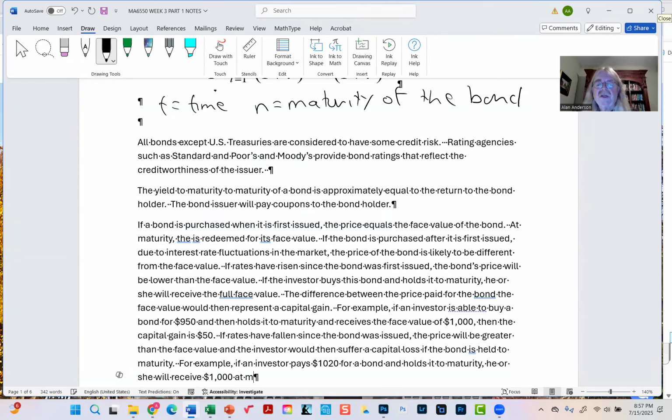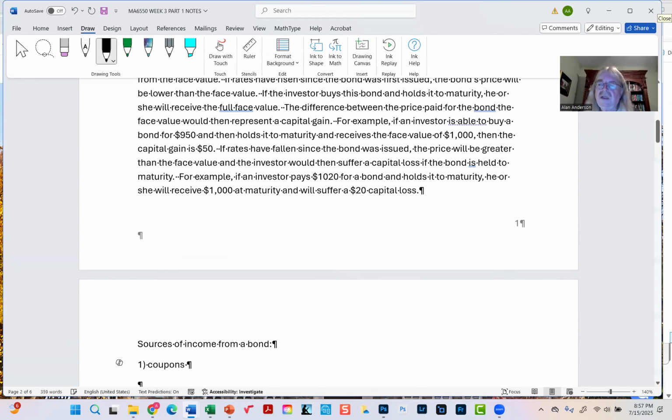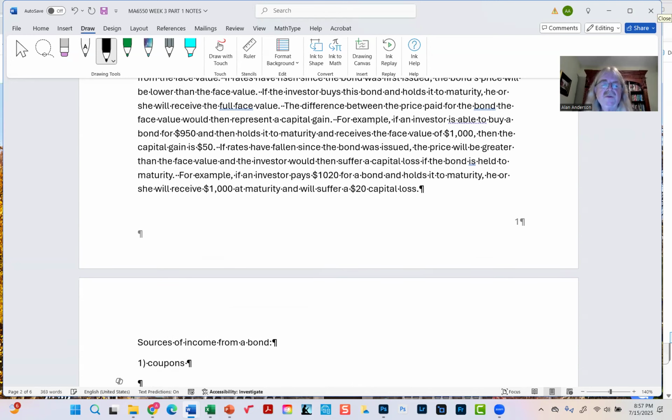And that means they'll be suffering a $20 capital loss. So, in other words, as far as income from a bond goes, the potential sources of income of a bond fall into really three basic categories. Number one, coupons. Okay, so the interest you get. Number two, capital gains or losses.